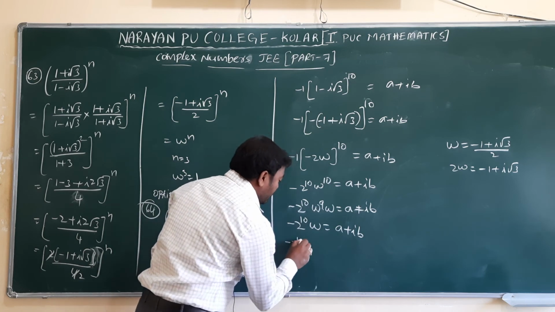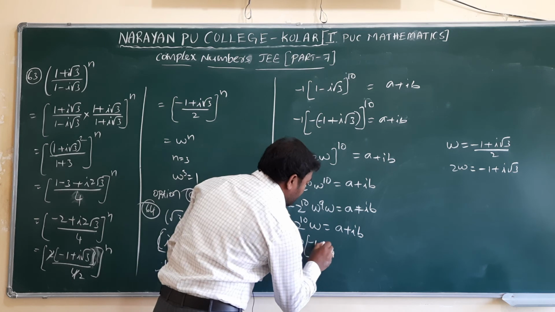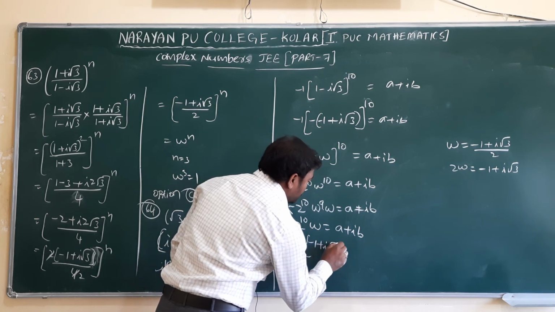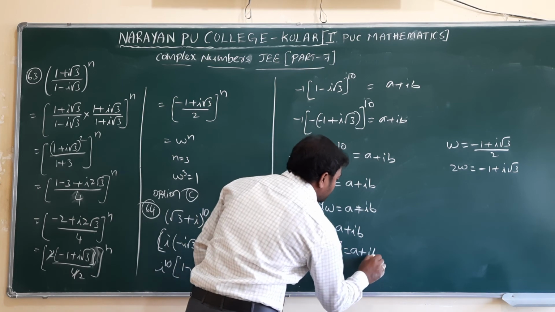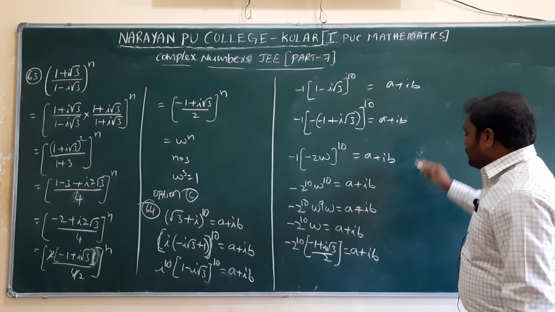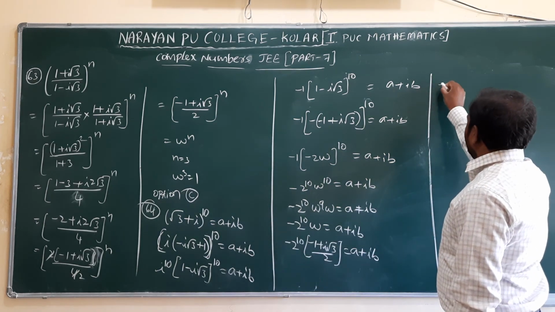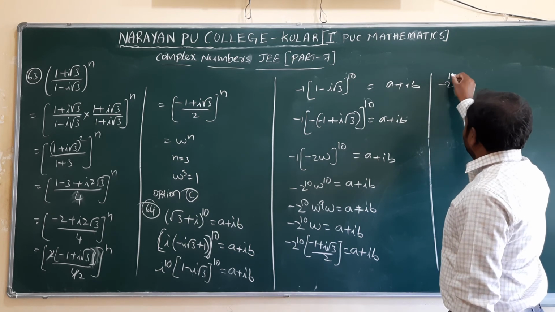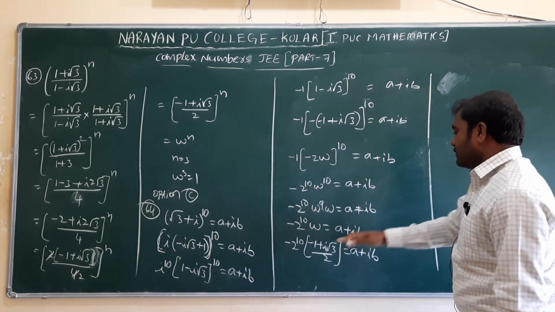So minus 2 power 10 into, we already know that the value of omega is minus 1 plus i root 3 by 2 is equal to a plus ib. Now here we have to multiply it. So what we get?